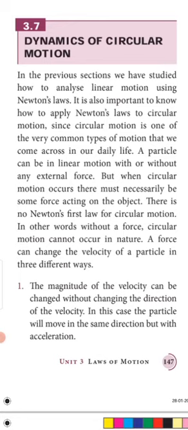So how does the circular motion change? A force can change the velocity of the particle in circular motion in three different ways. First, the magnitude of the velocity can change without changing the direction.